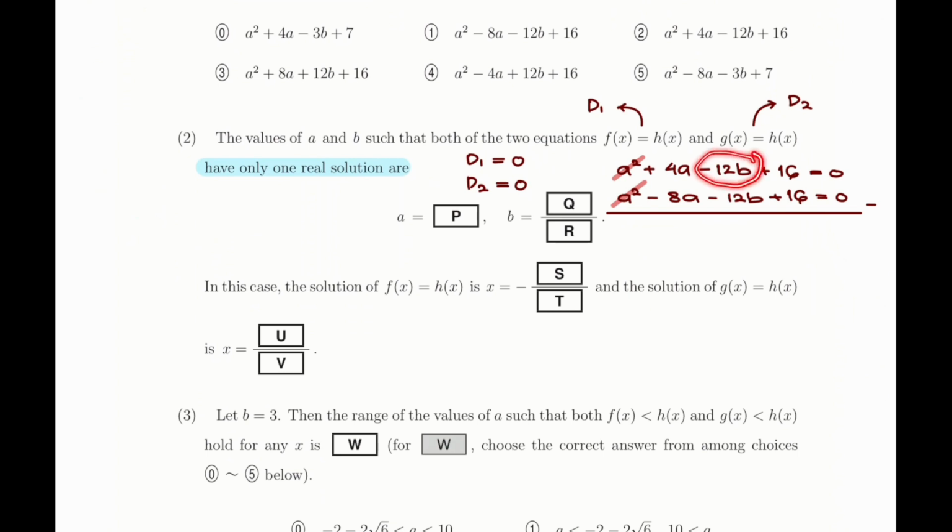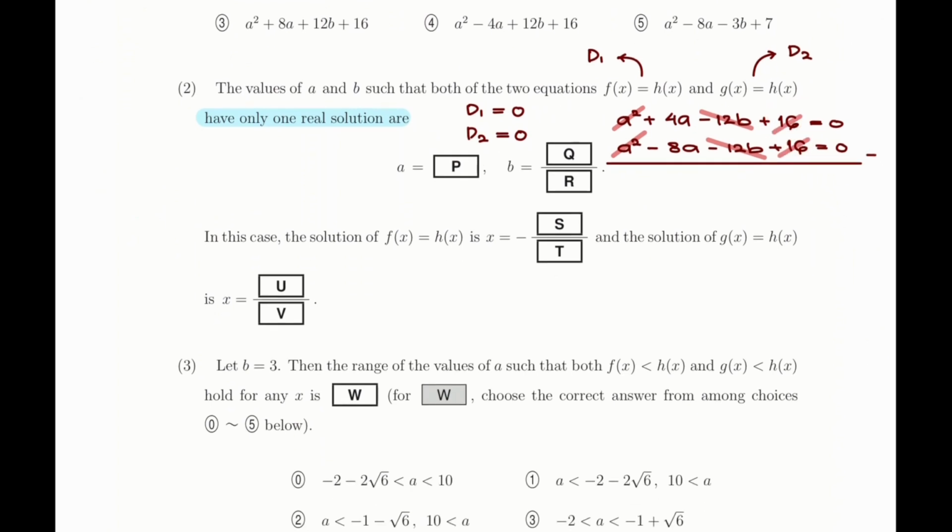Negative 12b minus negative 12b, you can also cancel out. 16 minus 16, you can cancel out 16. That means 12a is equal to 0. So a is equal to 0.